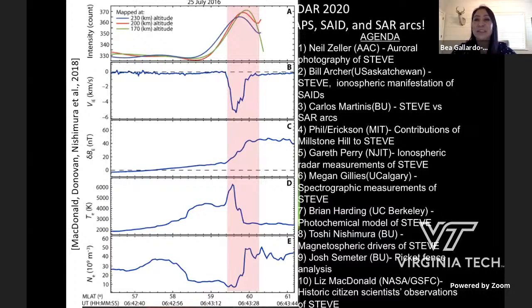I hope that Carlos Martinez will challenge a little bit of this, because Carlos will talk about the relationship between the narrow Steve arcs and the wider SAR arcs. And then Phil will tell us some contributions of Millstone Hill to Steve. And then Gareth will follow with ionospheric radar measurements of Steve.